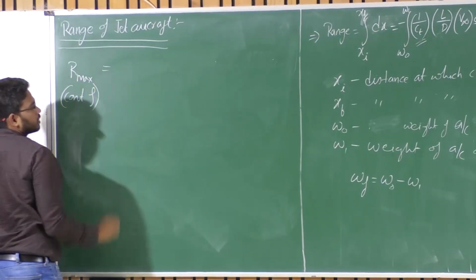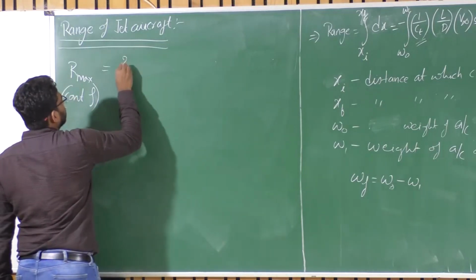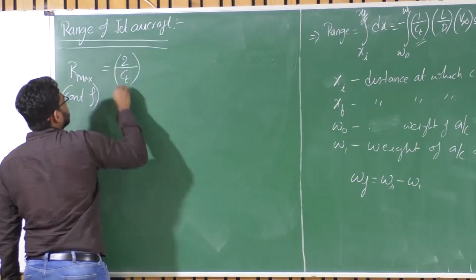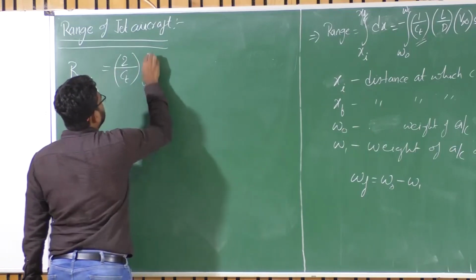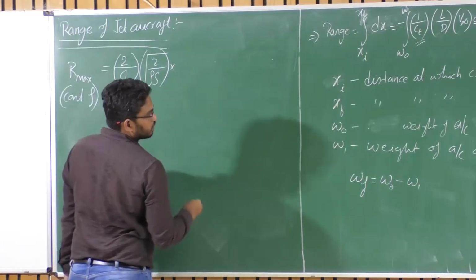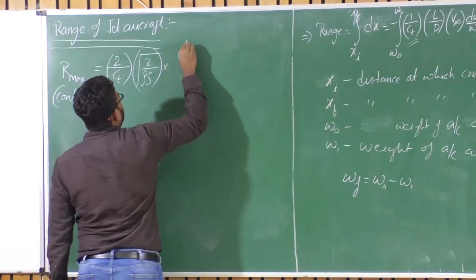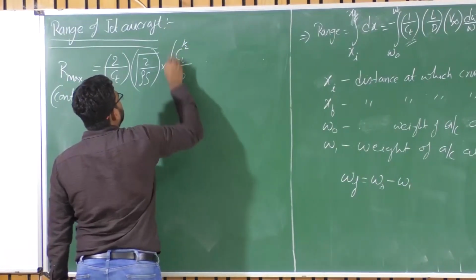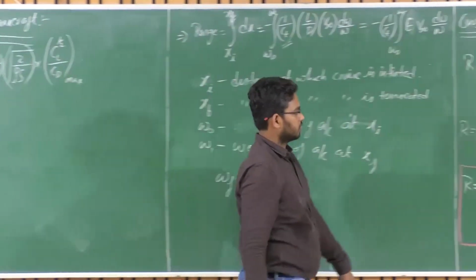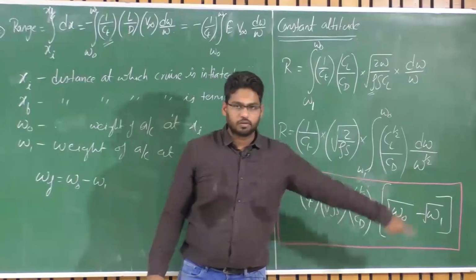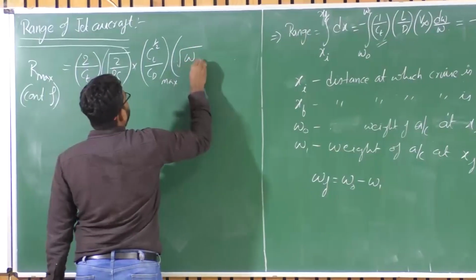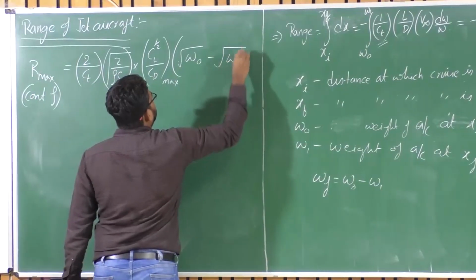The range is maximum when 2 upon Ct times root over 2 by rho S times CL power 1 by 2 upon CD has to be maximum, isn't it? That's the only variable here. So this has to be maximum to have this range maximum, with root over W0 minus root over W1.